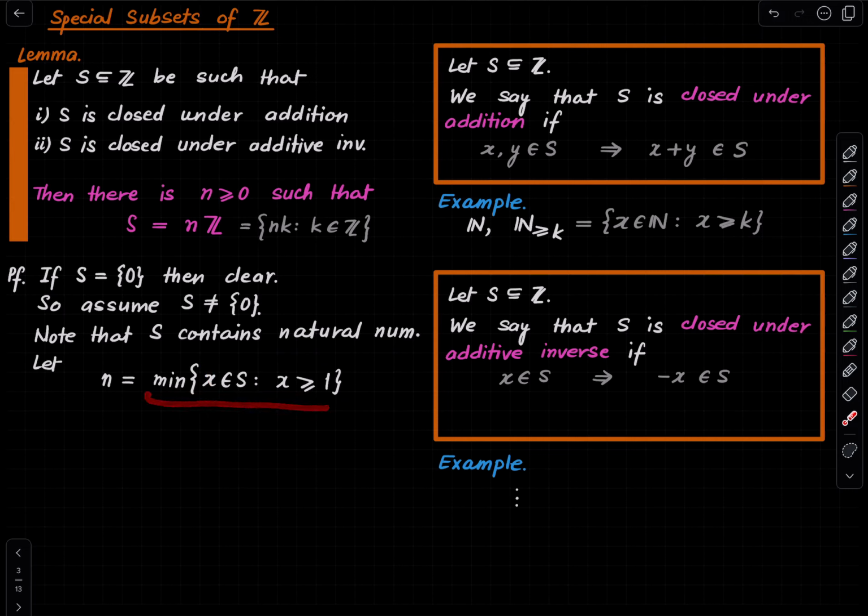Any non-empty subset of natural numbers has a smallest element. That is called the well-ordering principle. So this is a well-defined natural number. The statement is at least intuitively trivial, but it is a very crucial statement in mathematics.